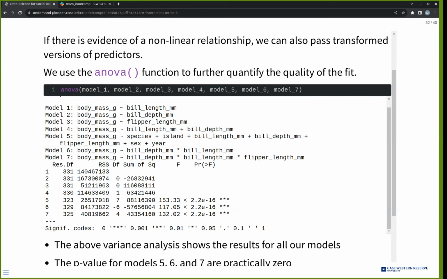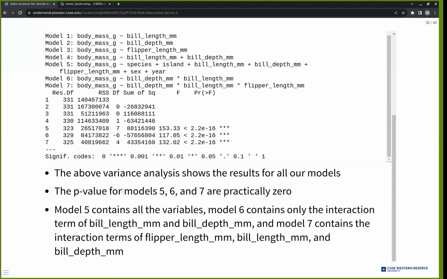We won't get into the F statistic yet. We will explain that in the next one. From here, you can see the p-values for these three models are practically zero, which means these three models are statistically significant. And if you recall, model 5 contained all the variables, model 6 contained only the interaction terms of length and depth, and model 7 contained the interaction terms of flipper length, bill length, and depth.